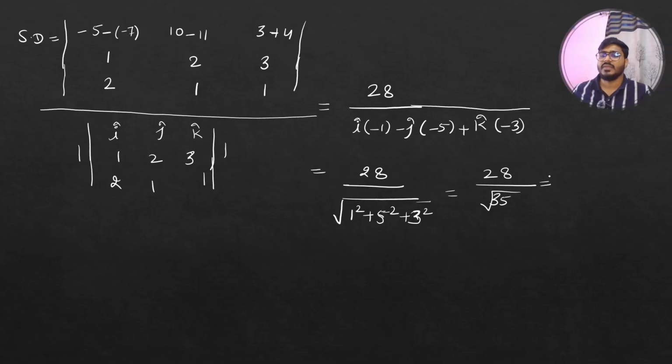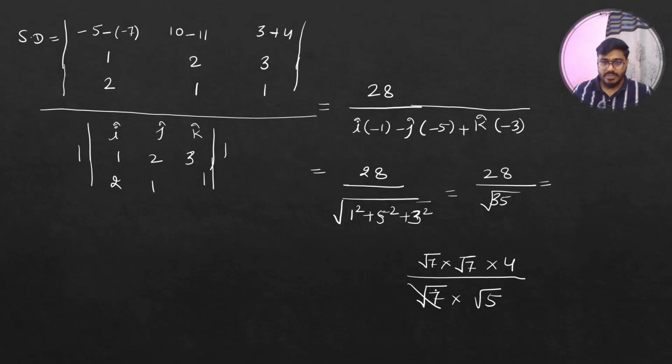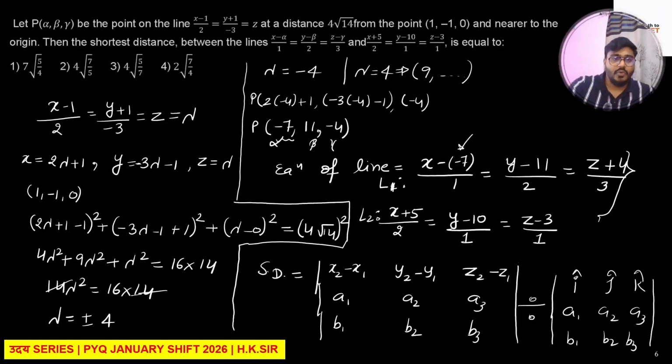You can write 28 as root 7 into root 7 into 4, and 35 can be written as root 7 into root 5. So root 7 cancels. This is 4 root 7 divided by 5. This is our final answer. 4 root 7 by 5, that is the second option.